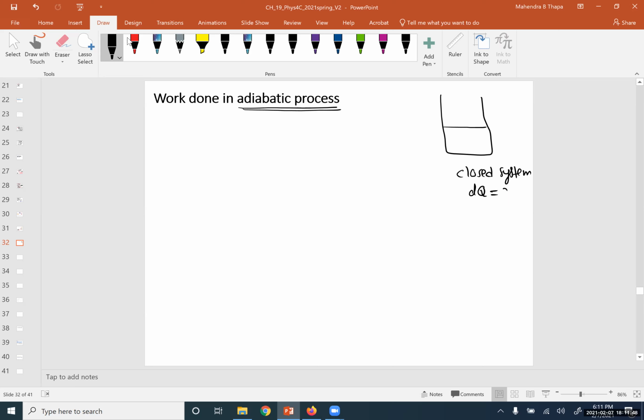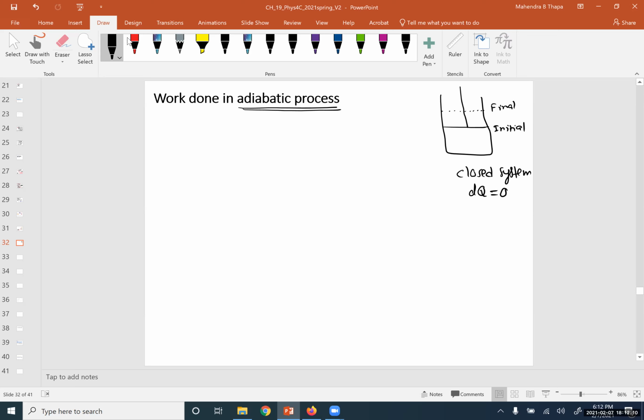We are not supplying any heat to the system. The initial position could be this one, and the gas expands, and the piston moves up to this position. This is the final position of the piston.